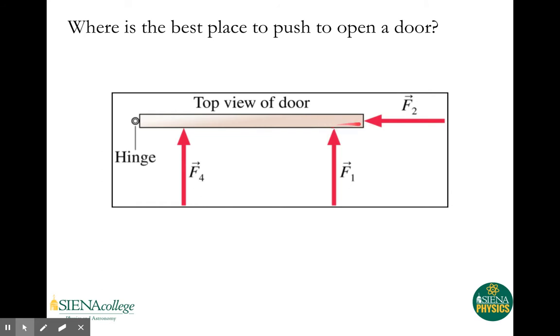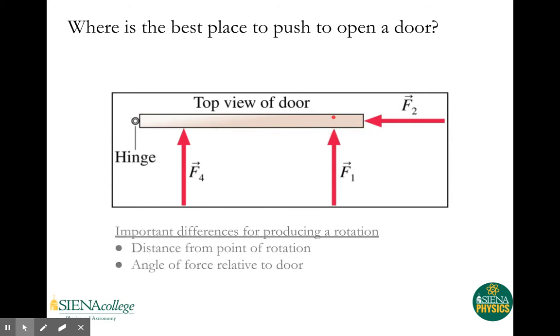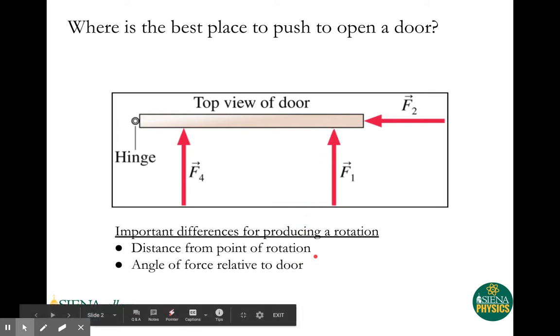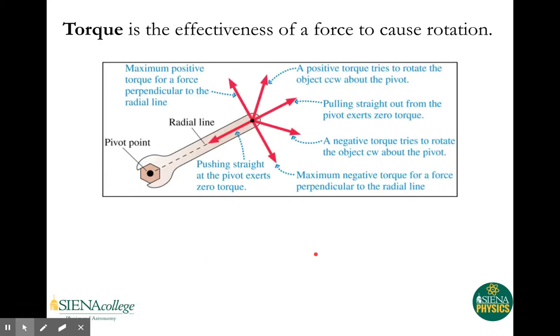And you guys know as well that this is not going to make the door rotate, okay? So that's two pieces of information then: how far the force is placed from the point of rotation, and also the orientation of the force relative to the orientation of the object that you're trying to rotate. So those are the two pieces: distance from the point of rotation and the angle of the force relative to the door.